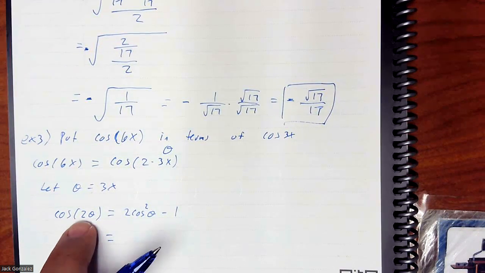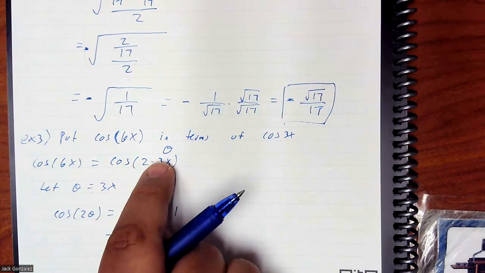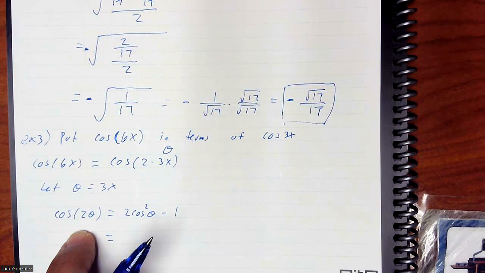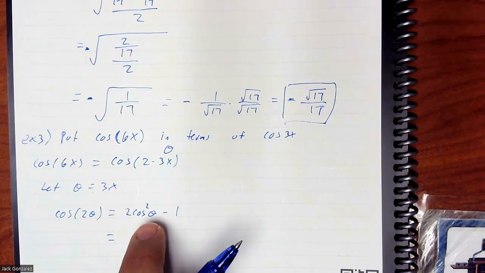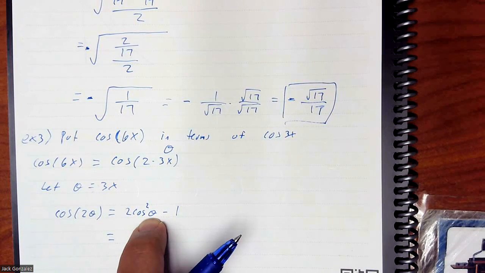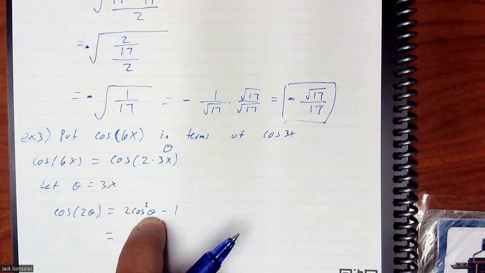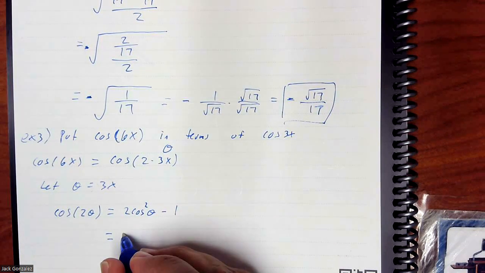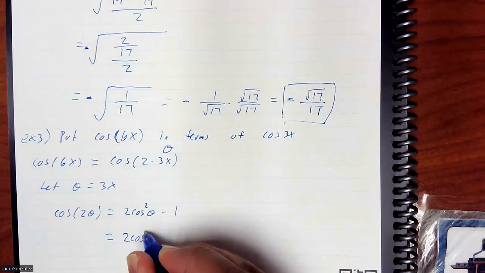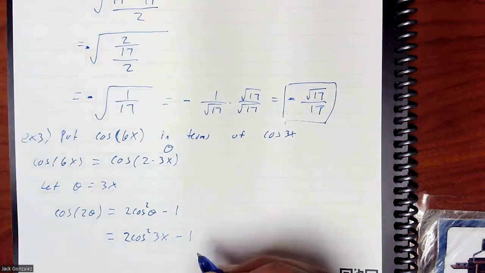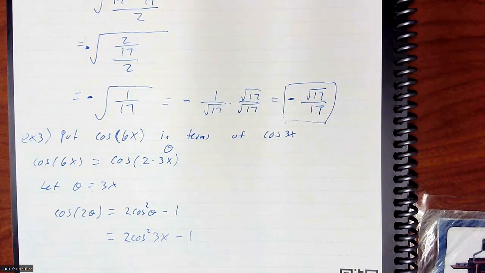Is that clear? We had a 2, and I'm replacing 3x with theta, so I have 2 theta. Apply your formula from the notes, you get to here. But theta was made up, so change it back to 3x. And that's it, nothing else to do. So now I have my expression in terms of 3x. Any questions on number 3?